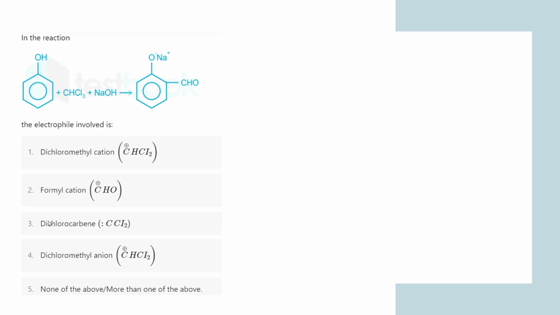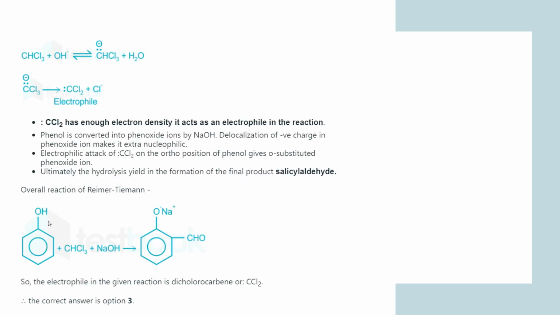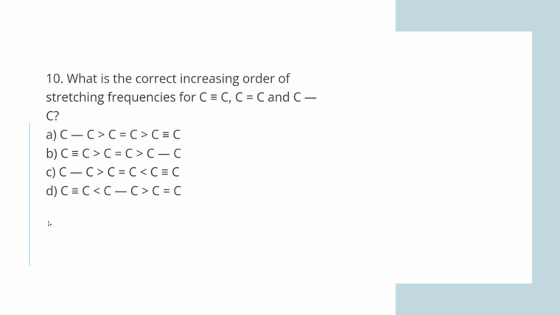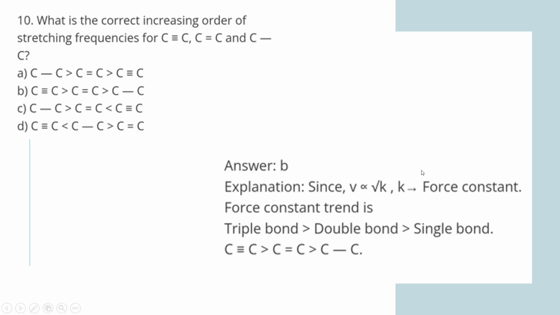And then finally we came across the Reimer-Tiemann reaction where we saw that carbene was getting generated via the reaction of chloroform with sodium hydroxide, and this dichlorocarbene was the electrophile involved. Then we talked about the equation relating the stretching frequency to the force constant, and we saw that a stronger bond in an organic molecule will have higher stretching frequency.